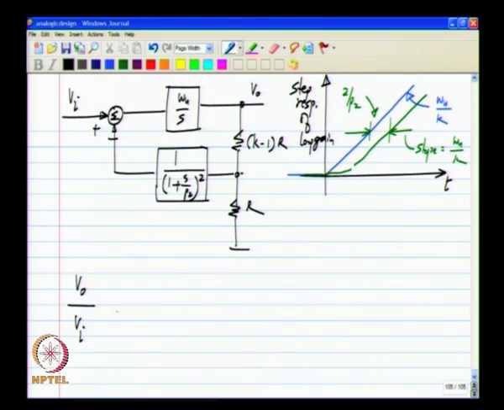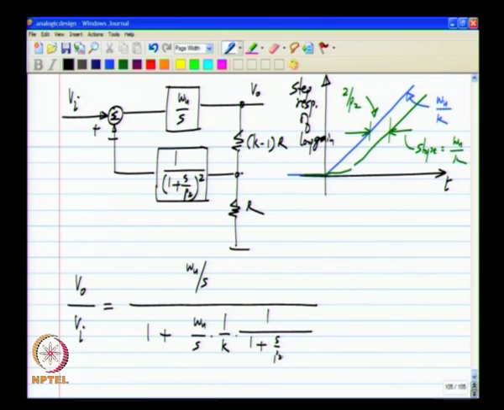So, V naught by V I will be equal to the gain of the forward path divided by 1 plus the gain of the forward path times the gain of the feedback path. This you can work out for yourself, even if you do not know the formula.